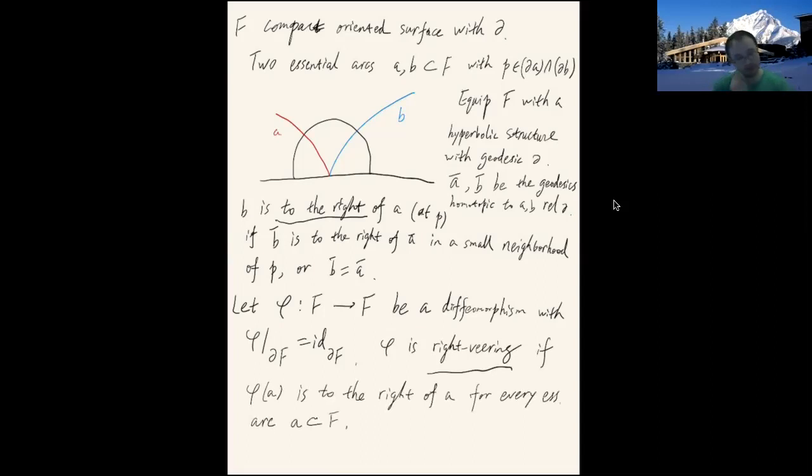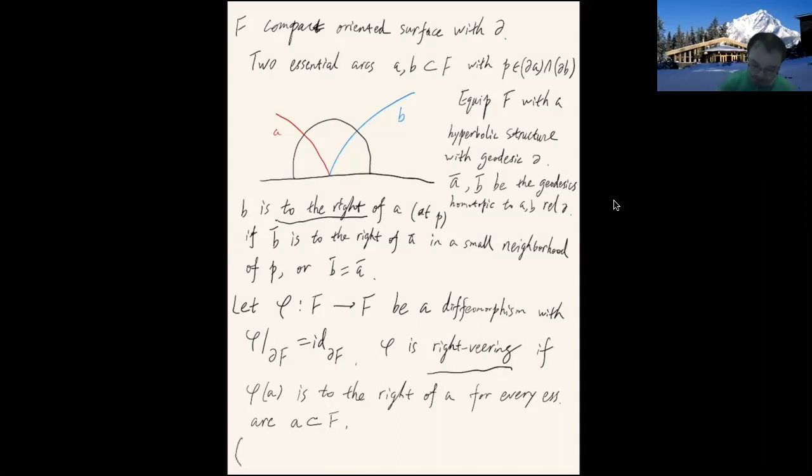So a diffeomorphism whose restriction on the boundary is the identity is right-veering if phi of A is to the right of A for every essential arc. Basically, it means that it moves every arc slightly to the right near the boundary. Okay, so this is the definition of right-veering.